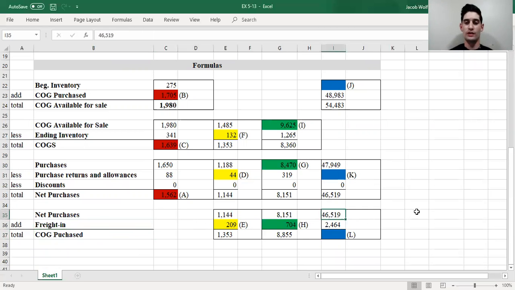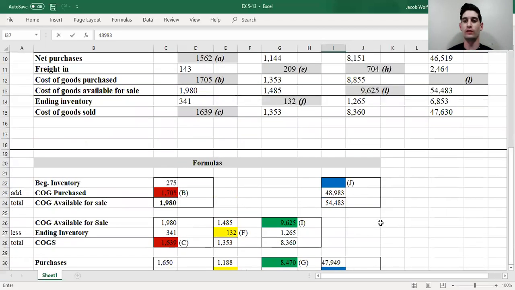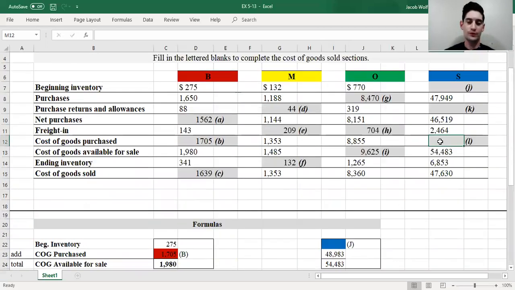So we're going to take those values, 46,519 plus 2,464. That gets us a value of 48,983. With 48,983, we can put that in our L value.